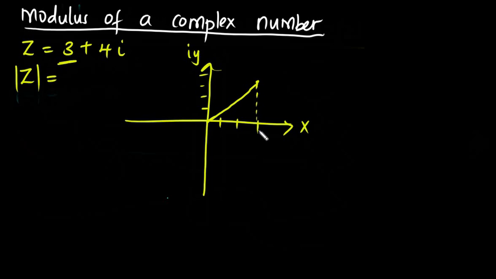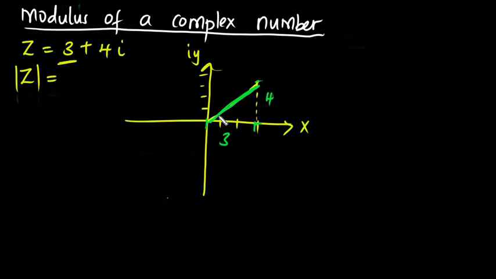So we have this distance from here to here as 3 units, and then from down here to up here is 4 units. So this means that we can find the length of this line using the Pythagoras formula, and that is what we're going to use to find the modulus of this complex number.